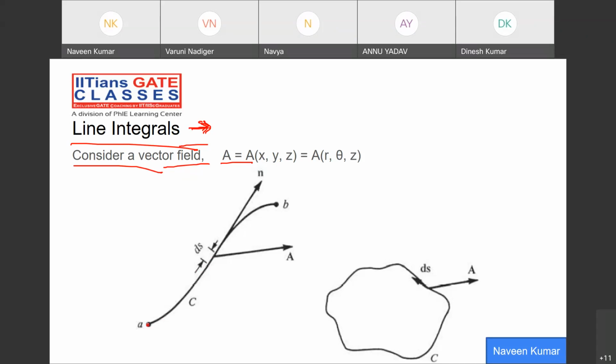Just assume a curve C from A to B, and assume a small elemental length ds for this vector A. This is an open integral. If you close this curve, it becomes a closed curve.